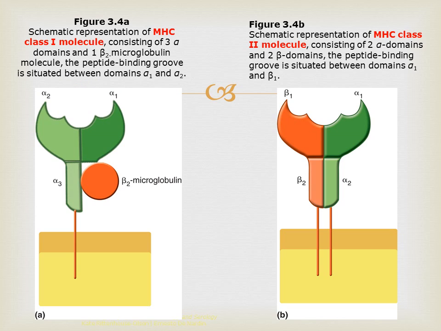Over on the right, we see an MHC class 2 molecule with 2 alpha regions, alpha 1, alpha 2, and then 2 beta regions, beta 1, beta 2, and 2 points of attachment to the cell. But again, out here on the end, and this is vaguely reminiscent, I think, of the structure of an antibody with the arms sticking out. Out here at the end of the arms would be where the antigen would bind.